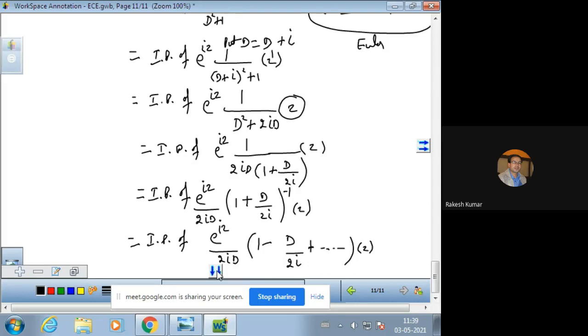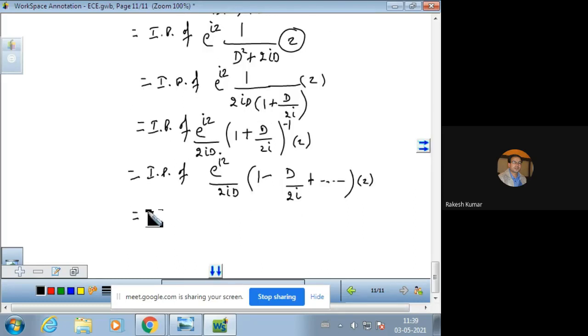Derivative यहाँ तक possible हो वहीं तक लिखना आपने. So imaginary part of e raised to power iota z over 2 iota D into apply inside z into 1 is z, and D of z means the derivative of z. So that is 1 on 2 iota.